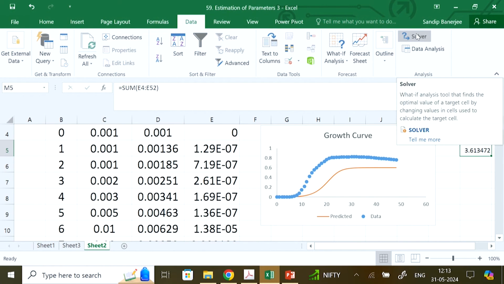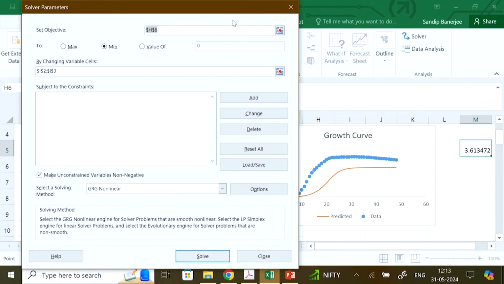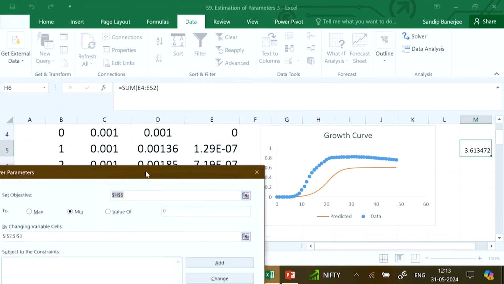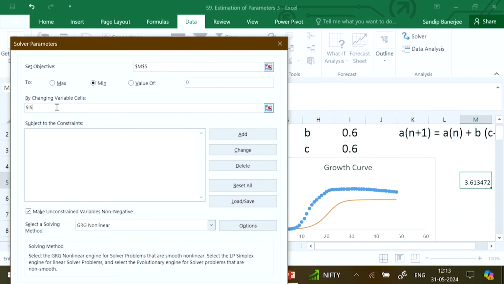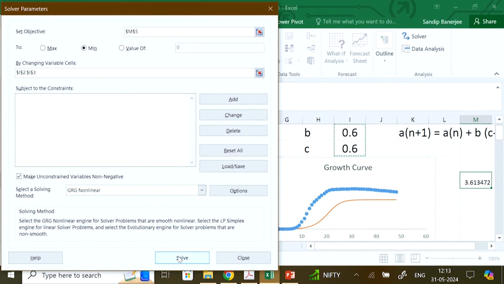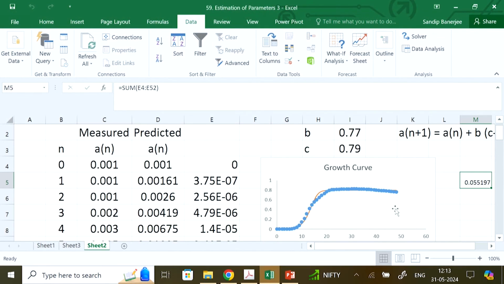I go to data, then click Solver, and I have to minimize the sum of the square of the residuals. So here this is the value, sum of the square of the residuals. I have to minimize the value by changing the variables B and C, the rest remains the same. I click solve, okay. So you can see it's a pretty good match.